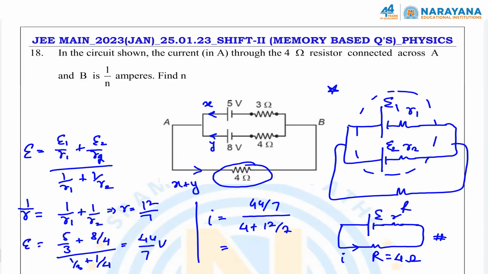So this is 44/7, 7 4s are 28, 40, 44 over 40, and that is 1.1 ampere. So the current is 1.1 ampere. All these are memory based questions, so some data may be different from the actual one because of the memory. Maybe you don't remember the exact data, so we are solving it exactly based on what information we have. Okay.